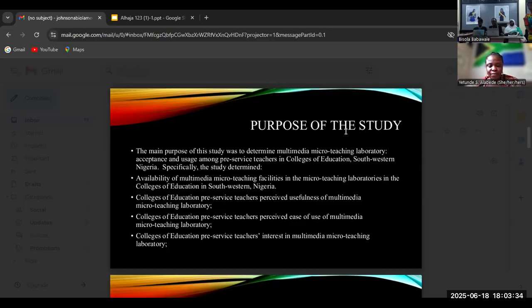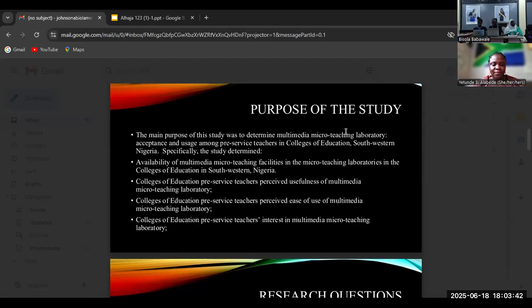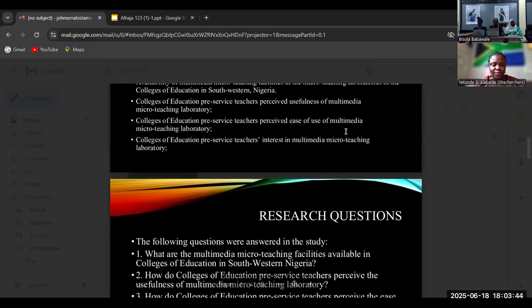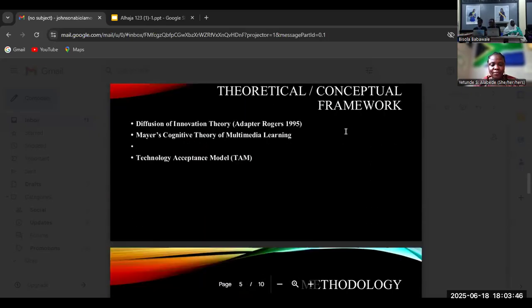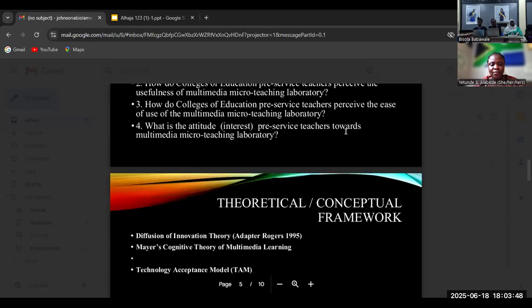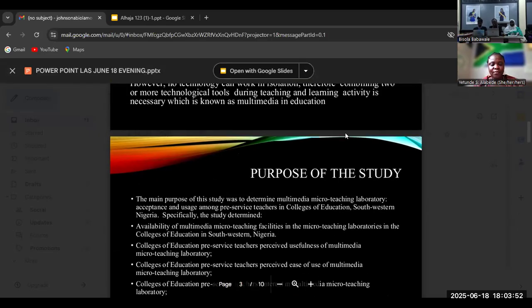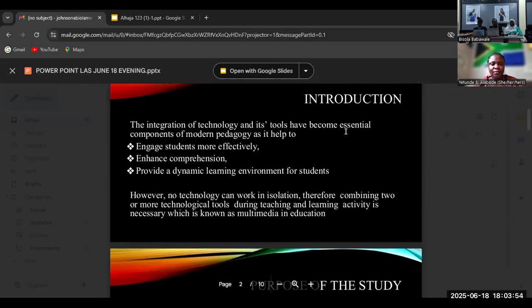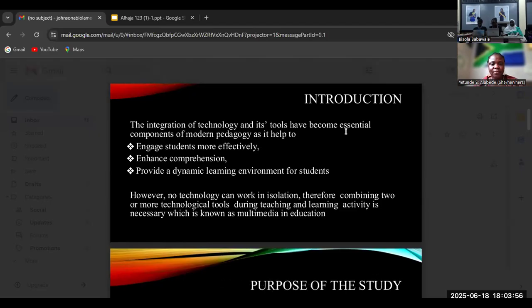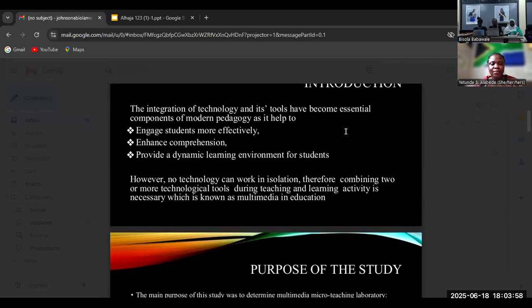So the multimedia micro-teaching lab engages students more effectively, enhances comprehension, and provides a dynamic learning environment for students. However, no country can work in isolation, and therefore providing more development tools in teaching and learning is what I refer to as multimedia micro-teaching.